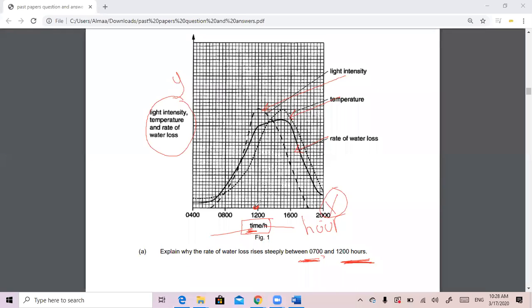It will increase from where to where, then it will decrease from where to where. The plant will lose water because of transpiration, in which the water evaporates from the leaves. Thank you, Yahya, good student.